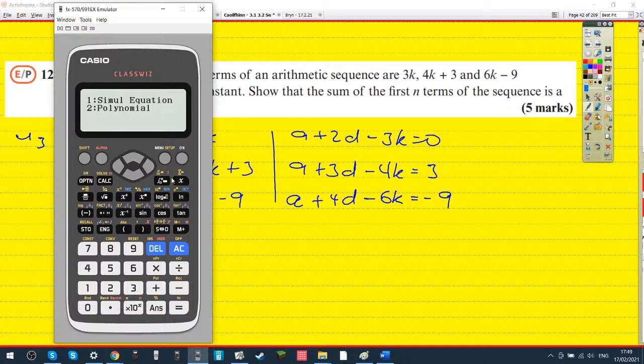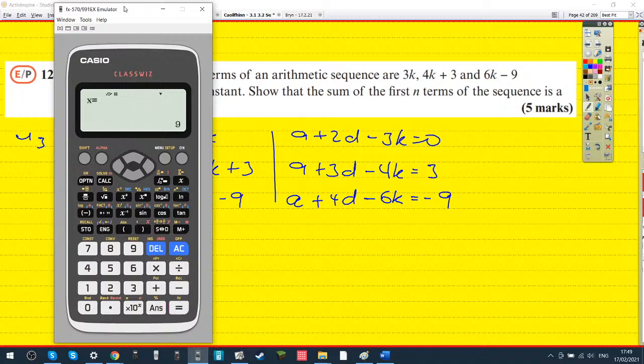Simultaneous equations, 3 unknowns. So I need 1, 2, minus 3, and 0. 1, 3, minus 4, and 3. 1, 4, minus 6, and minus 9.